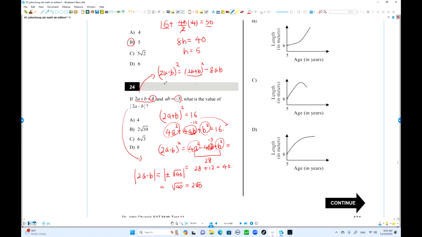Okay. So we're going to find this one. Sorry about that. This one squared equals 2a plus b squared is 16 plus 24, right? Which is 40. You can use this equation, okay? So 2a plus b is now square root 40, okay? It looks like this one.